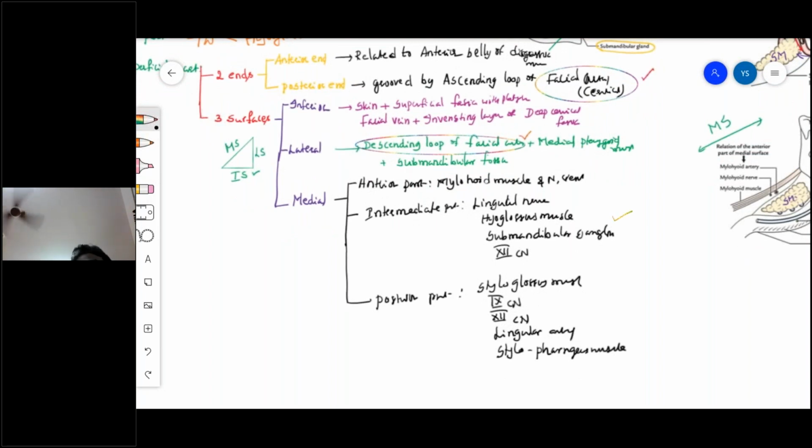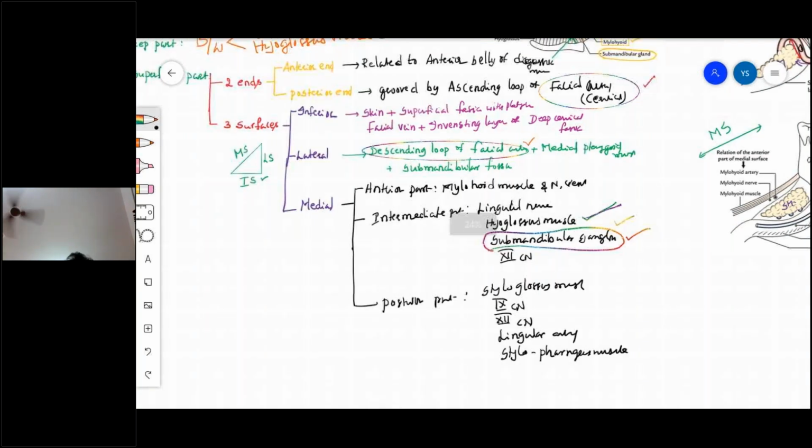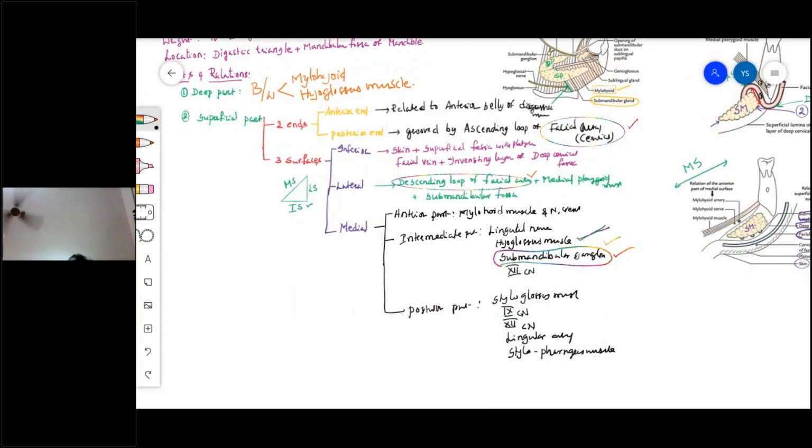The intermediate part is very important, because in it we can find one ganglion. What is that ganglion? Submandibular ganglion. This is the nerve supply to the two salivary glands, one for the submandibular gland and another for the sublingual. Highlight those two a little. So in the medial surface, the key structure is the hyoglossus muscle. Okay? In the medial surface, the key relation is the hyoglossus muscle. So this is about the relations and parts of the submandibular gland.